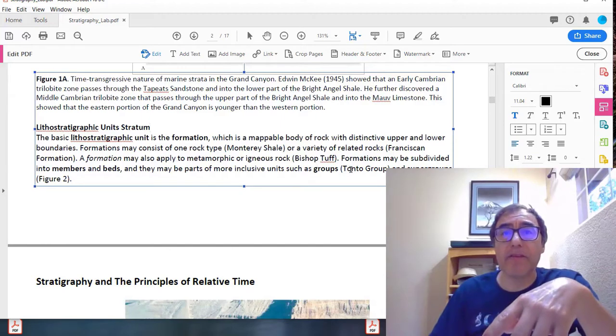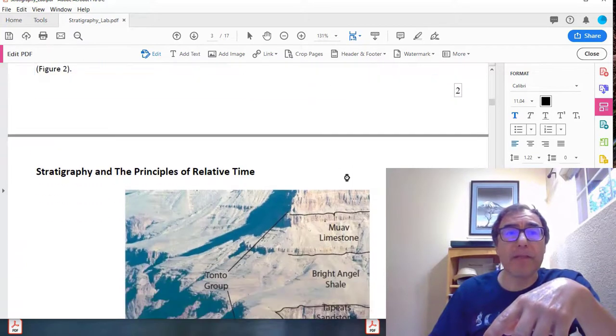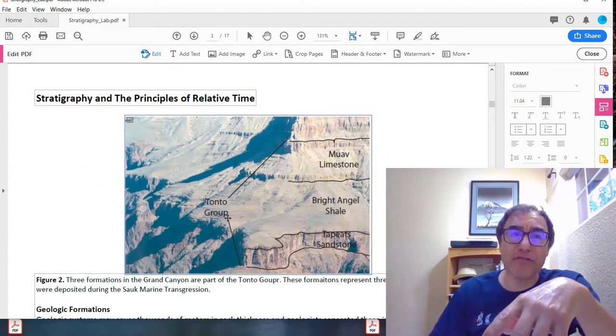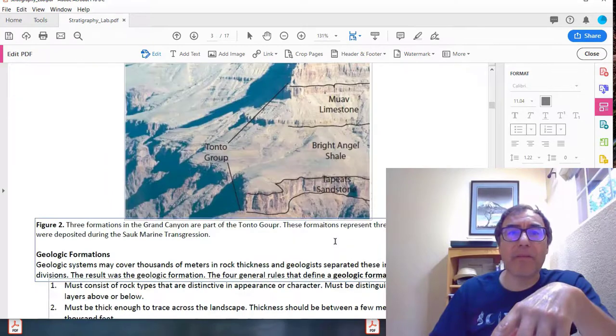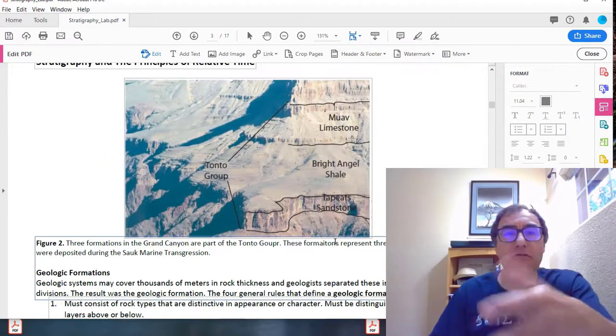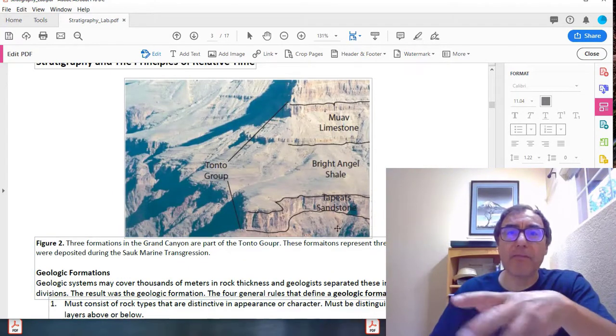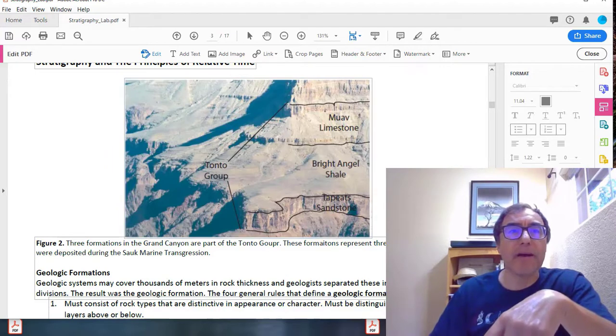I think like the Grand Canyon, the Tonto group is Muav, Bright Angel and the Tapeats sandstone. And some of the older units down below, like the Unkar group or the Grand Canyon Supergroup, would be some of the older formations that exist before the Tapeats sandstone here.